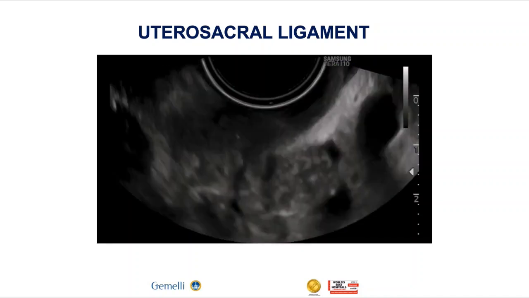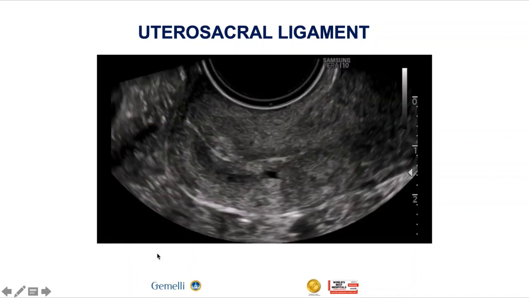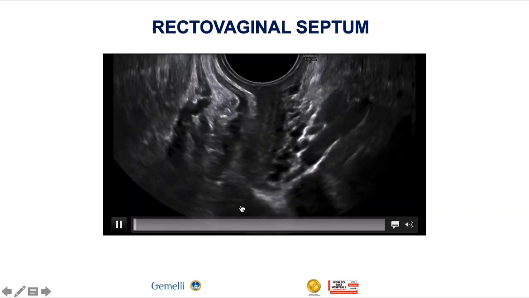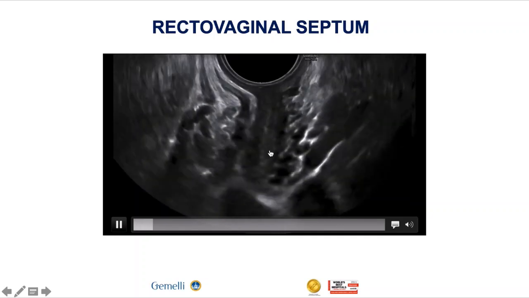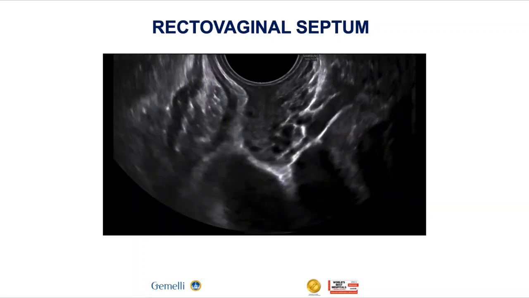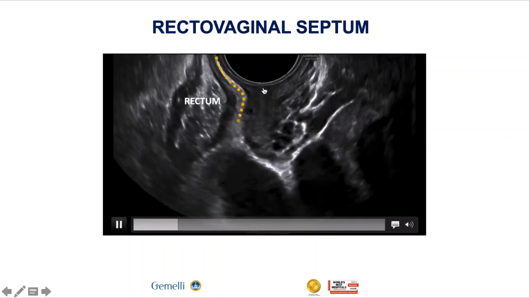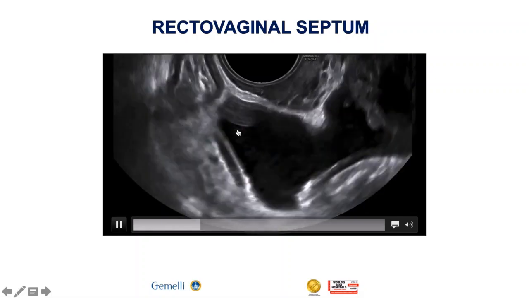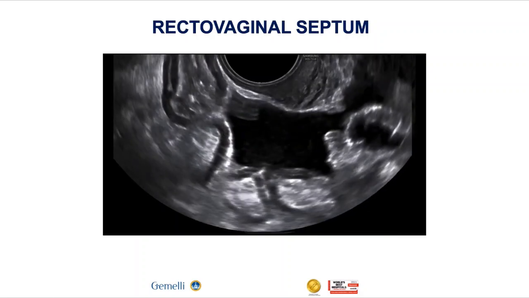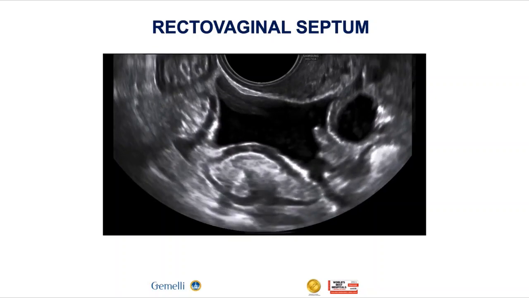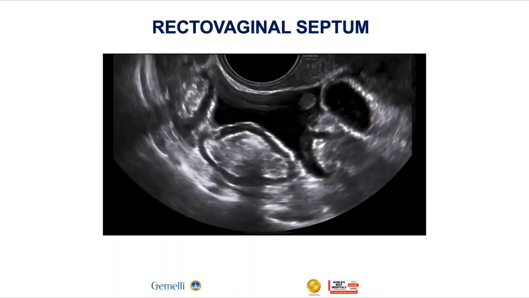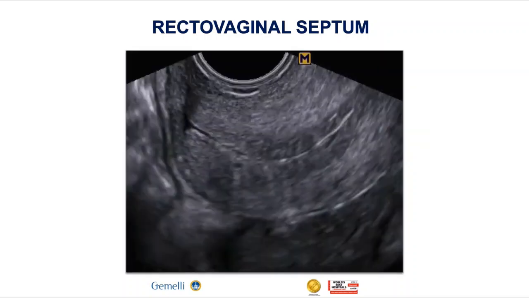Now, the last two videos. In the vagina, we can assess the vagina, wall, rectum, and the hyperechoic tissue between rectum and vaginal wall, and we can assess its mobility by pushing the probe against the rectum and the vagina.